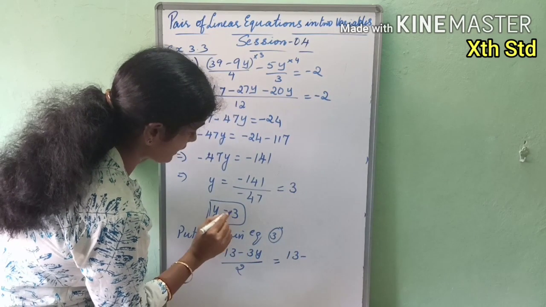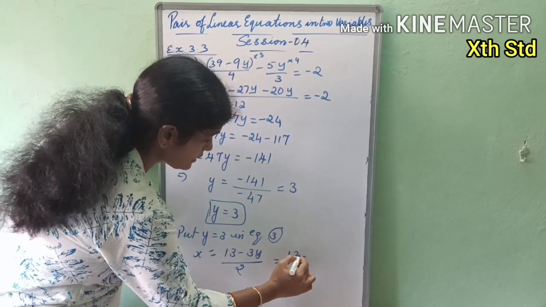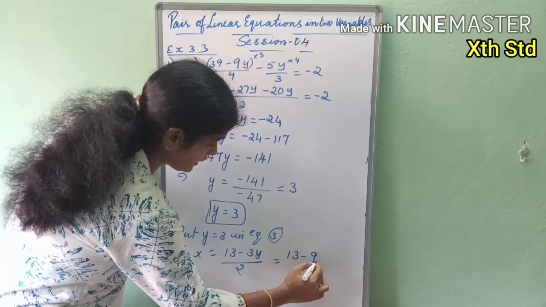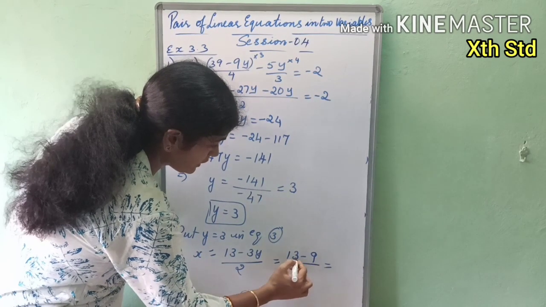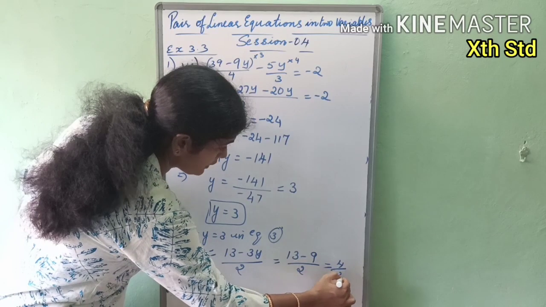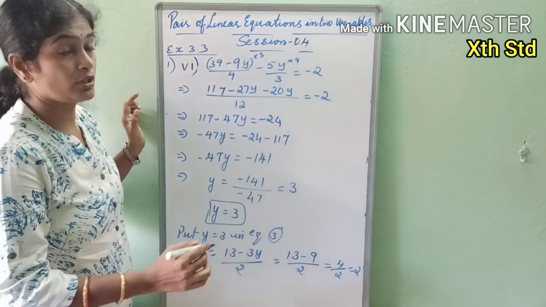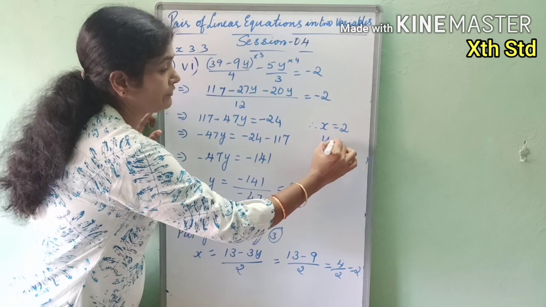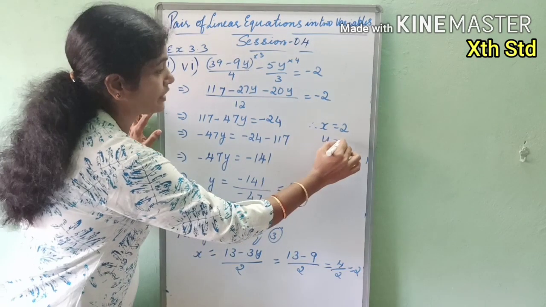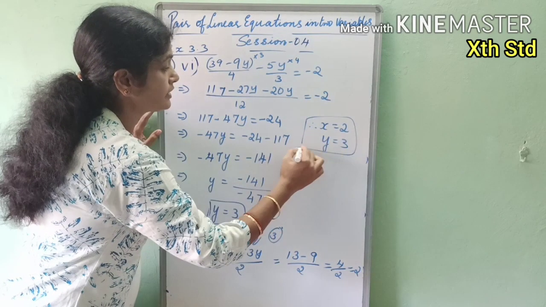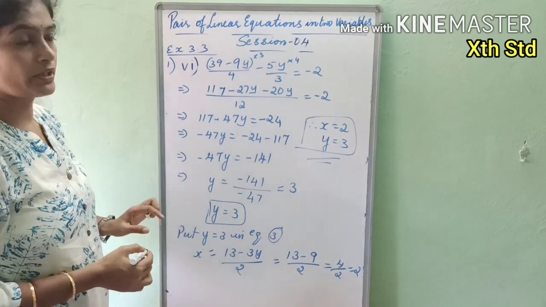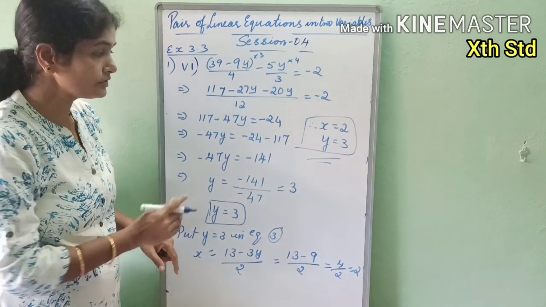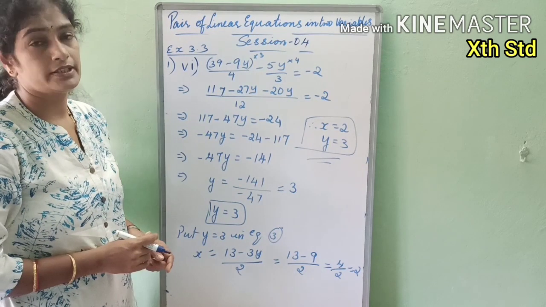Y is 3, so 3 into 3 is 9. 13 minus 9 is 4, and 4 by 2 is 2. Therefore, x is equal to 2 and y is equal to 3. These are the values. Okay? Now, with this, we will move on to the next question.